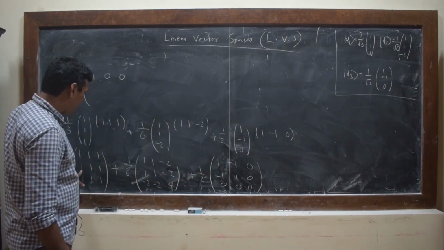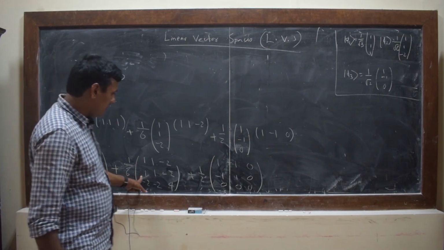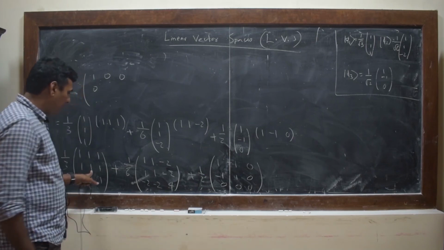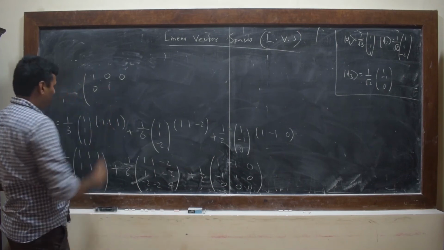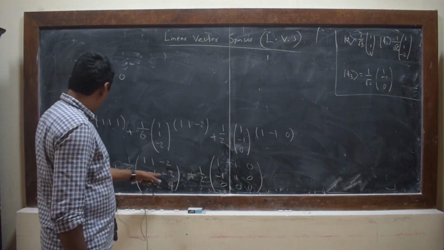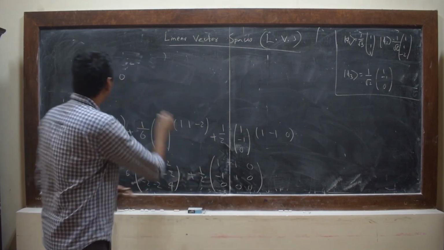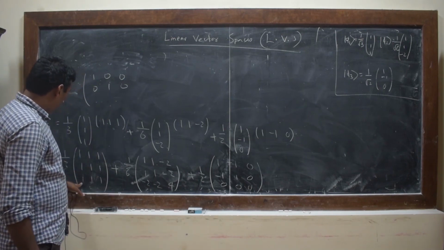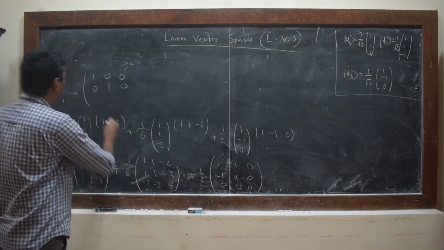And the next element will be 1 by 3 plus 1 by 6, that will be half, then you will have a minus half, so that will be 0. And this 1 by 3 plus 1 by 6, that will be 1 by 2 plus 1 by 2, that will be 1. And this element will be 1 by 3, so it will be 2 by 6 minus 2 by 6, that will be 0 and then 0.